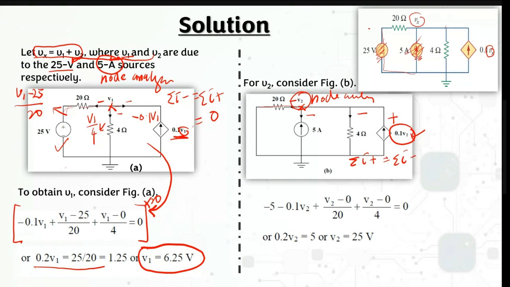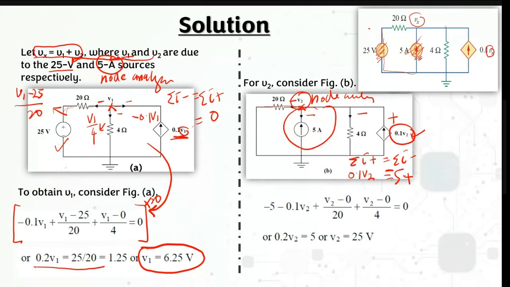So for the positive current you will have this lah, 0.1 V2 equal to, for the negative current you will have 5 plus with oh, but you can see here, right? The current directions leaving and this directions is opposite, so you just need to put the negative here lah, -5, right?